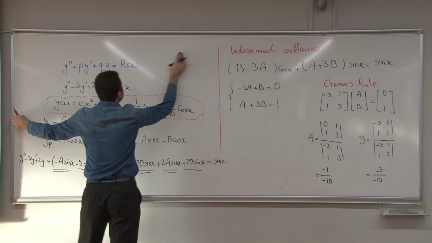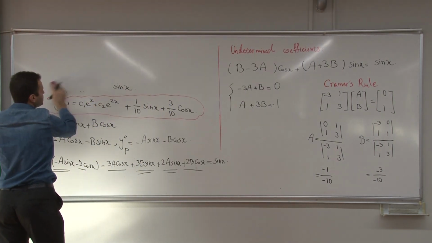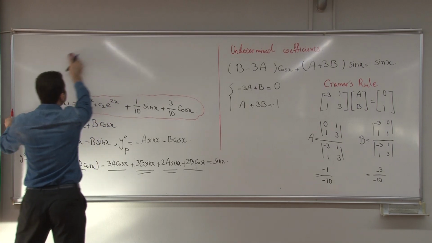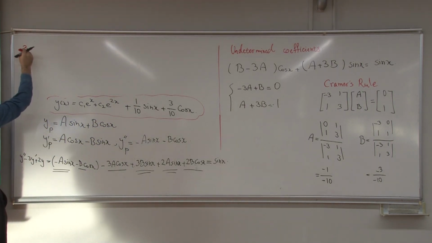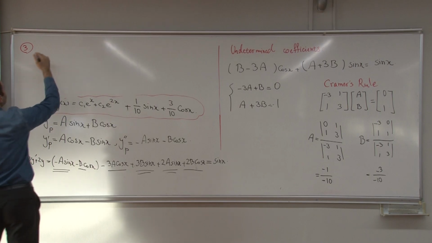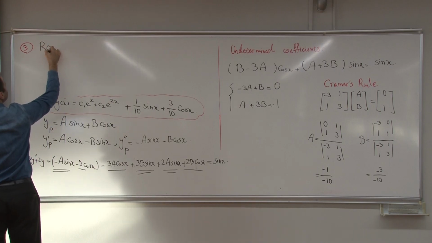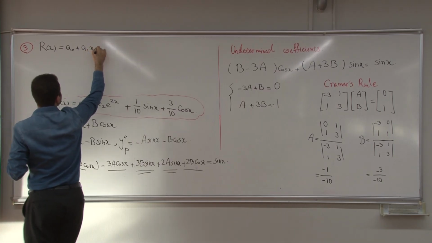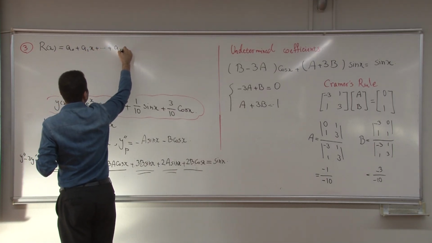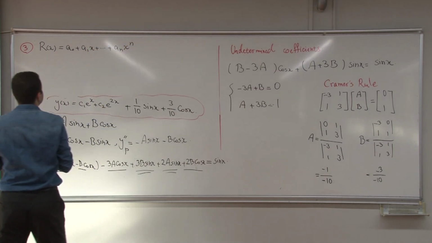In the other case, when we are dealing with the method of undetermined coefficients, the right hand side is a polynomial, like this: a0 plus a1x up to anxn.